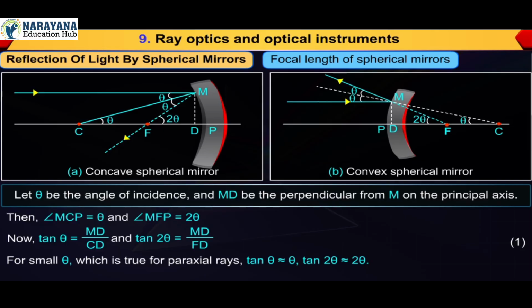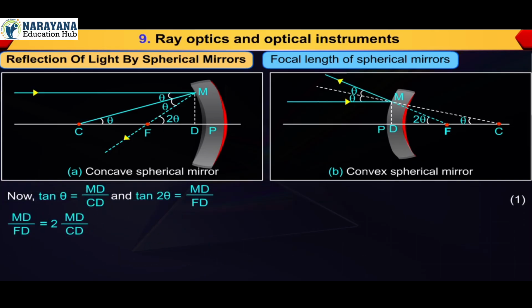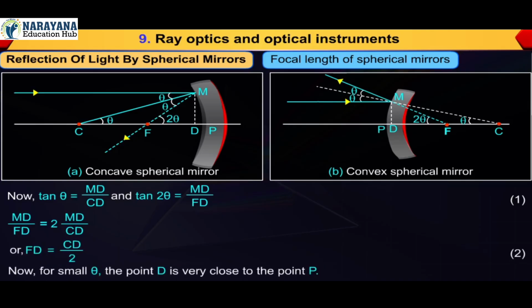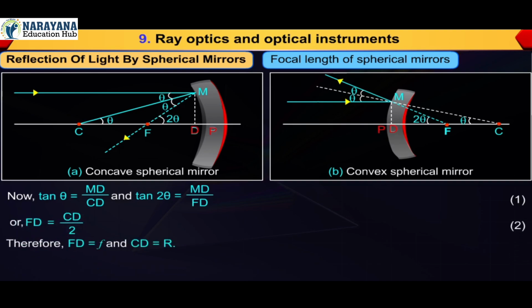Therefore, equation 1 gives MD upon FD is equal to 2 MD upon CD, or FD is equal to CD upon 2. Equation 2. Now, for small theta, the point D is very close to the point P. Therefore, FD is equal to f and CD is equal to R. Equation 2 then gives f is equal to R upon 2. Equation 3.